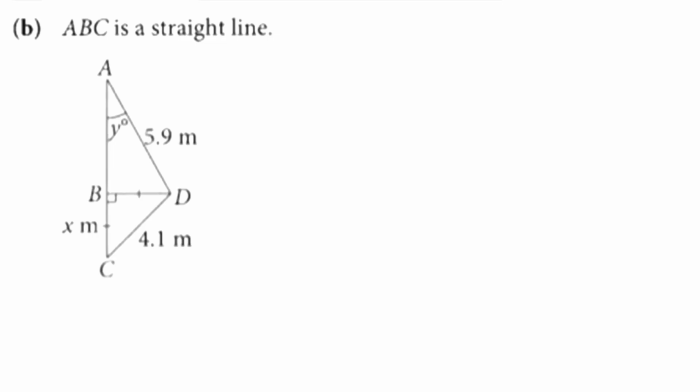Next, moving on to 4b. We are supposed to find this line BC, which is x. We notice that down here, this is isosceles and this is 90 degrees, so therefore this angle will be 45 degrees.